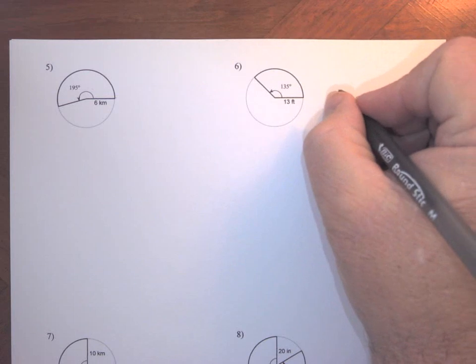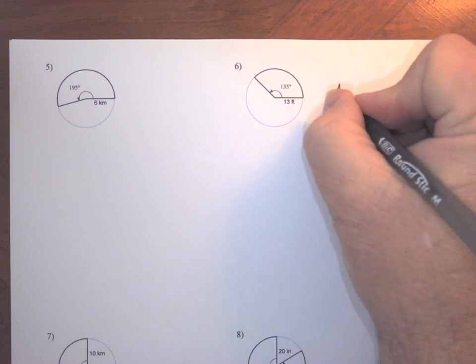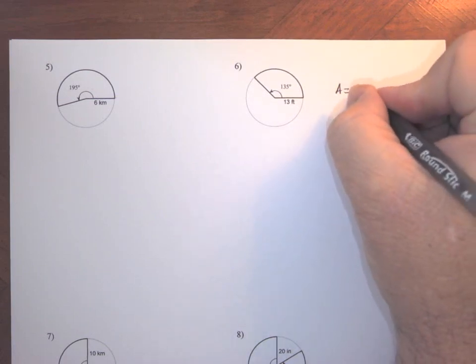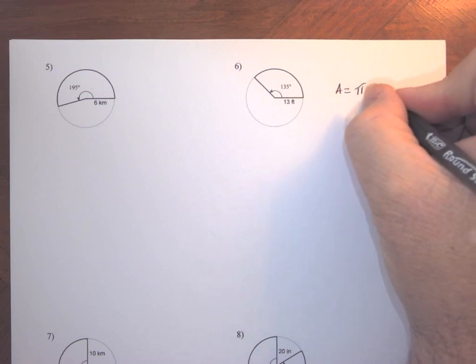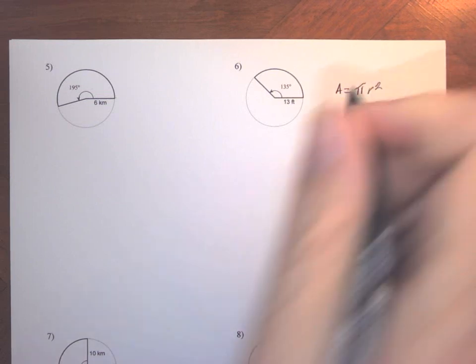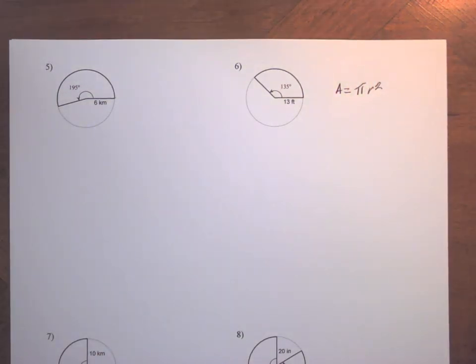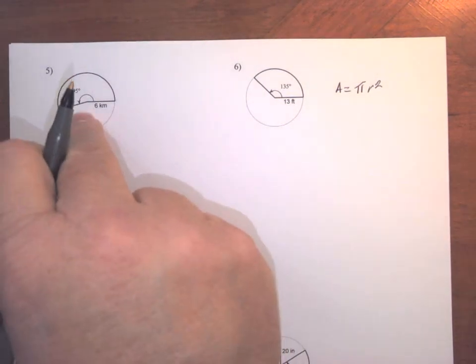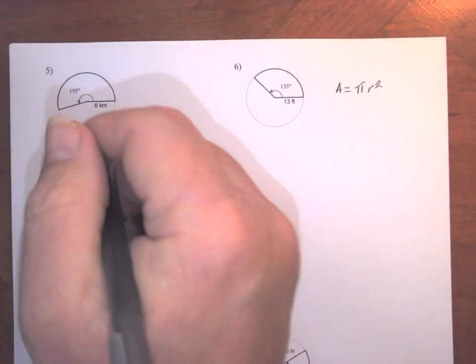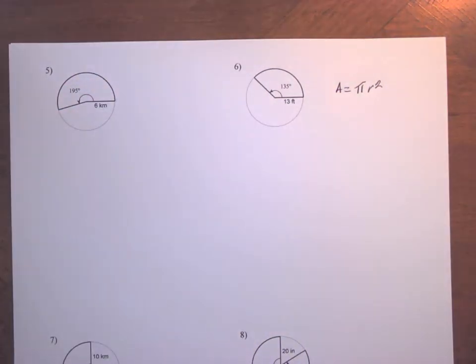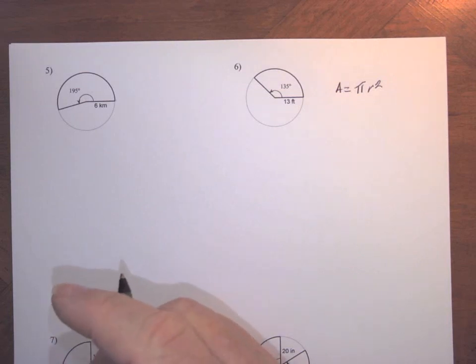And the area of a circle is equal to pi times the radius squared. Clear enough? So if we look at number 5, let's find the area of the total first, where the radius is equal to 6.